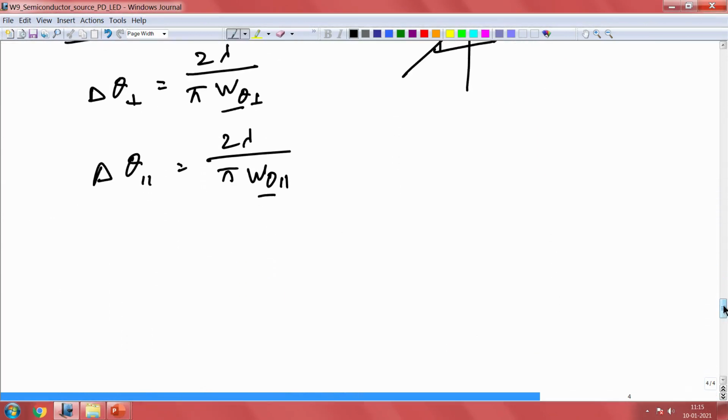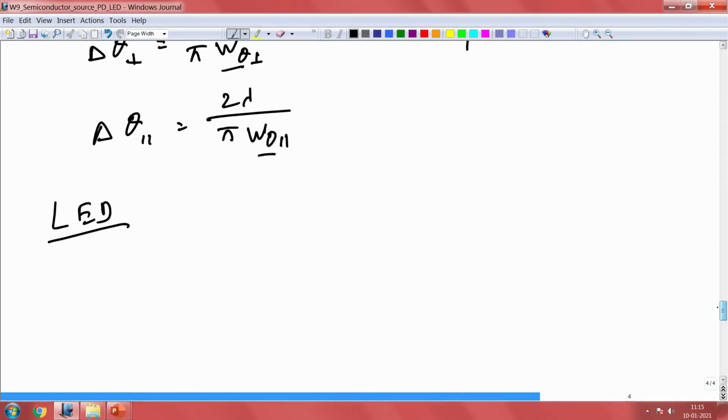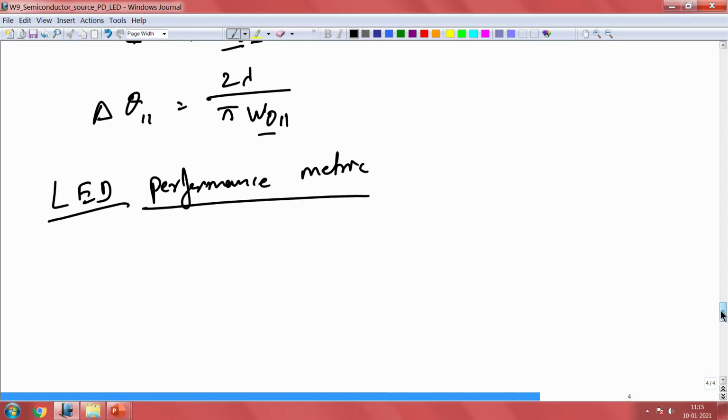But let us look at the characteristics or figures of merit of these light emitting diodes. In an LED we want to understand the performance metrics. So, what are the performance metrics to start with? The first thing is power conversion efficiency.